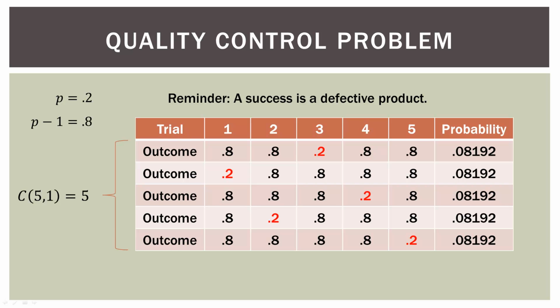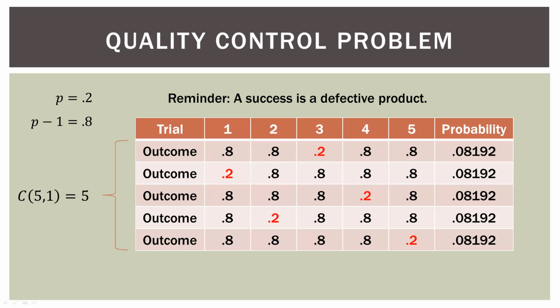So this is exactly like the last chart, but we take the S's and we put a 0.2. We take the F's for failures and we put 0.8. Now remember, to find the probability of this occurring, of this trial sequence, we just multiply the probabilities together.